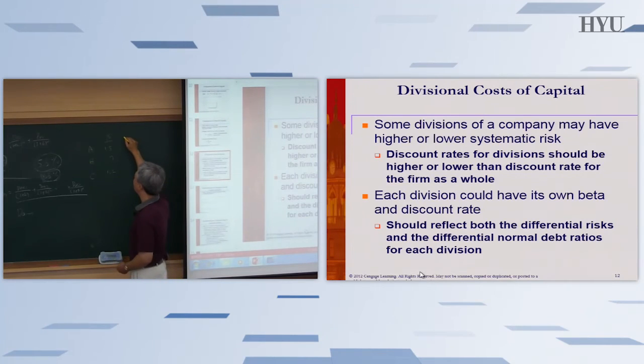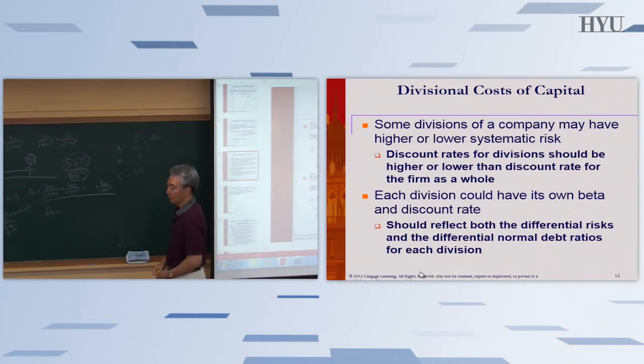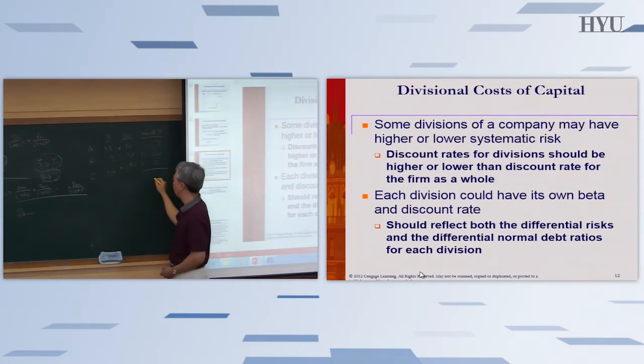And here's the weight in terms of the amount of total capital: let's say 50%, 20%, 30%. Then the company's overall beta is simply this times this, and if you add them up, that's going to be the overall company beta. It's a weighted average, so that's the summation of beta i times w i.